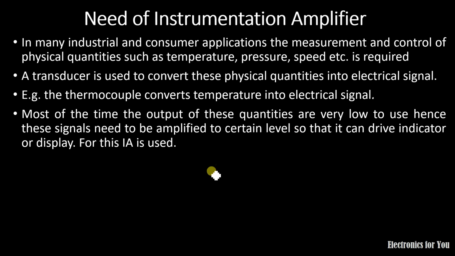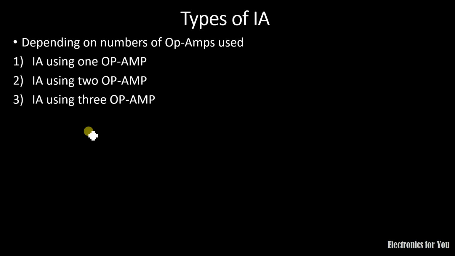Now these signals need to be amplified, or some operations like filtering, addition, subtraction, integration, differentiation can be performed on these electrical signals. So for this, instrumentation amplifier is used.